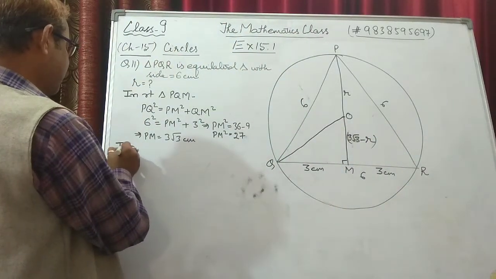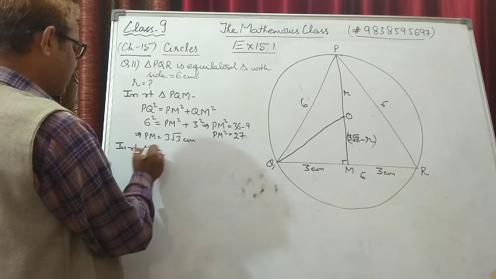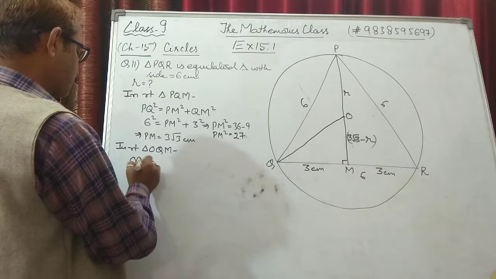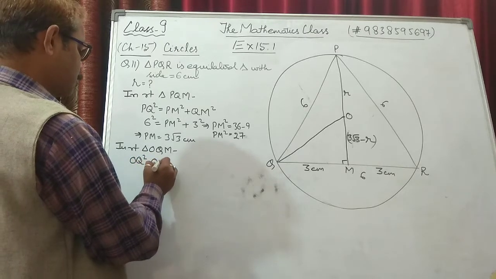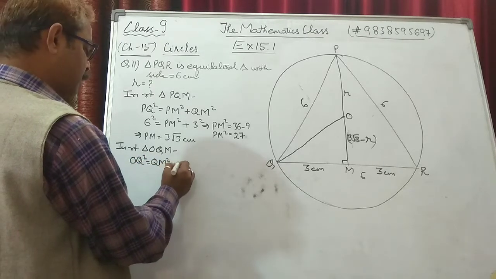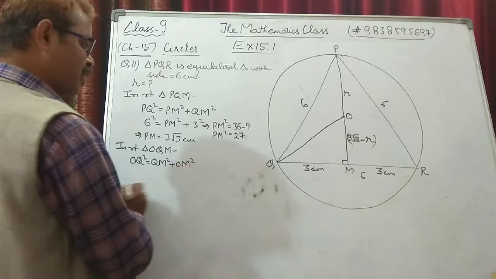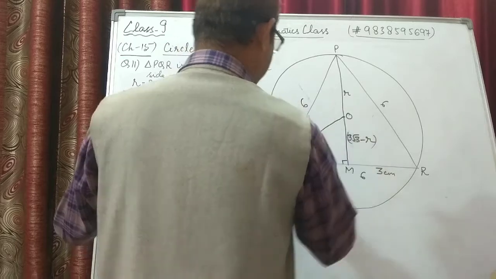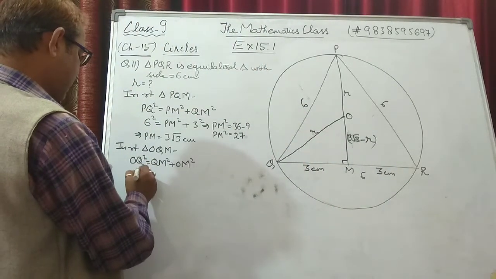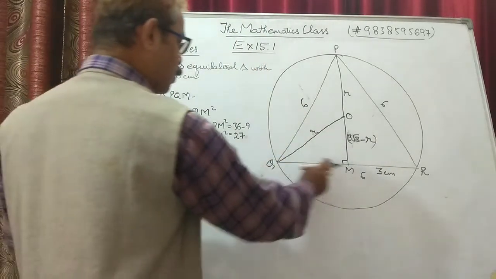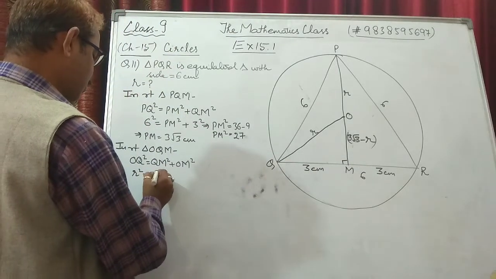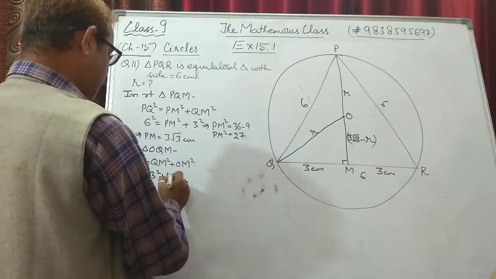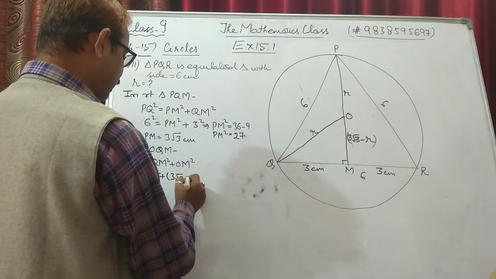So in right triangle OQM, OQ square is equal to QM square plus OM square. Now OQ is your radius because it joins the center to the circumference. So we will write R square is equal to 3 square, that is QM, plus OM, which is 3 root 3 minus R, whole square.